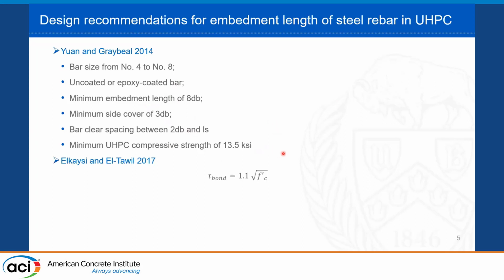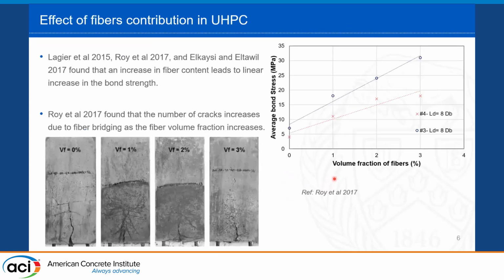Other efforts from the literature relate the bond strength to the compressive strength of the material, but this equation is very conservative, as it is based on the lower limit of the UHPC strength. Other equations relate the bond strength to the fiber content and the tensile strength of the material, but this equation was based on a limited number of studies. In general, the effect of the tensile behavior of UHPC is studied by changing the fiber content, studying different fiber volume fractions to see their effect.